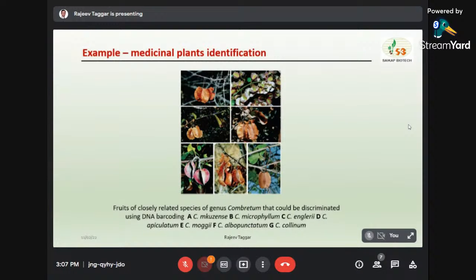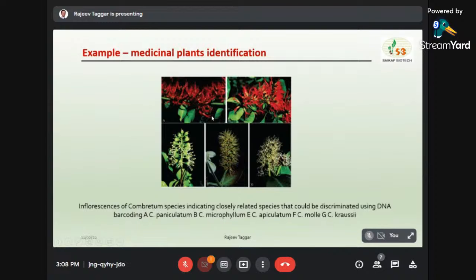So you don't expect even the drug inspector to be doing all these things, but this is something which has to be picked up by our social system and the government system also. Ideally, they should have the facility to do DNA barcoding. And those are all your potential jobs, not just in the private sector, but also in industry, in academia, and in government institutions like drug inspectors.